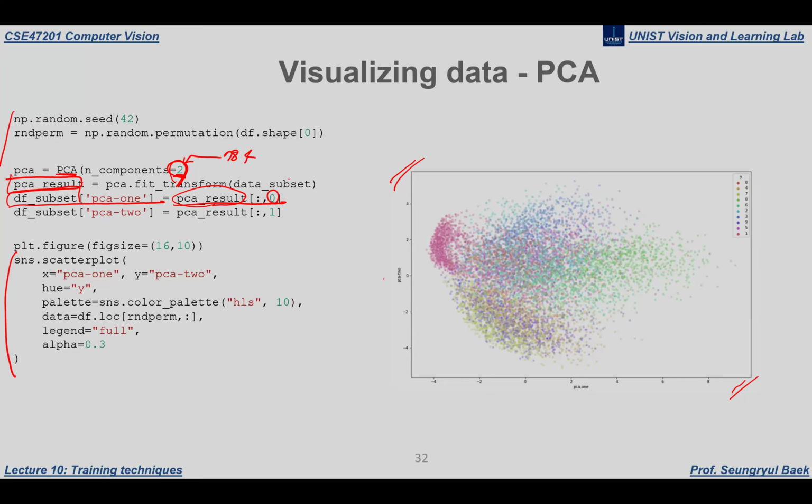This is all data for the first dimension, and this is all data for the second dimension, and we map them to the X and Y axes and visualize them here. X is PCA1, and the Y axis is PCA2, the second dimension of the PCA axis. By doing that, you can visualize this type of figure.